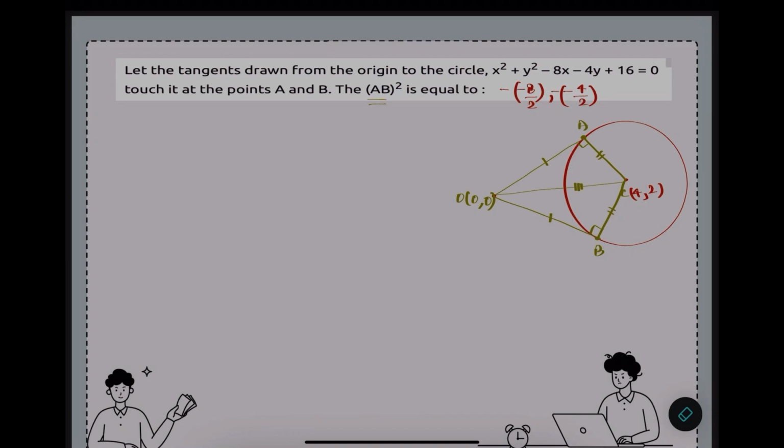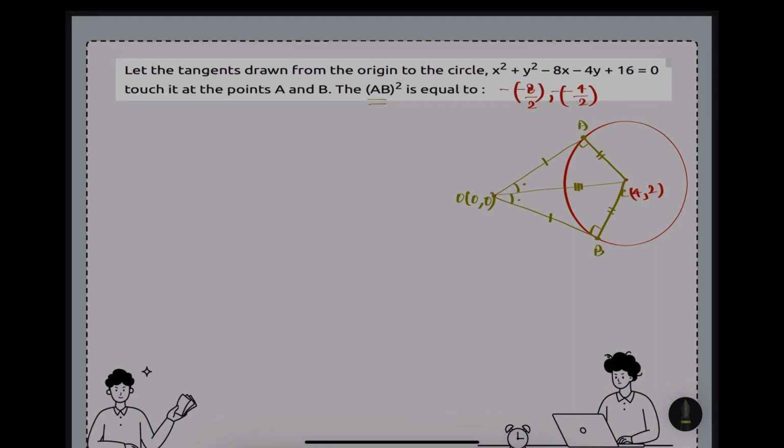So can I say that the angle between side 1 dash and 3 dash will be equal to the angle between 1 dash and 3 dash. This is CPCT. Now look at this.